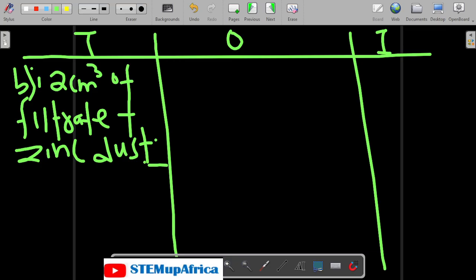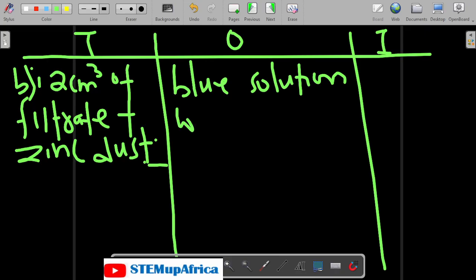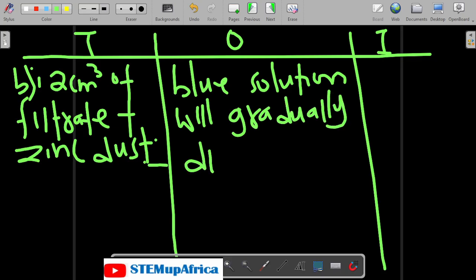Okay, what are we going to have in the blue color? The blue solution of the copper sulfate. Zinc will displace copper from solution. The blue solution of copper will gradually disappear due to the displacement of copper from solution. What does that mean, zinc?